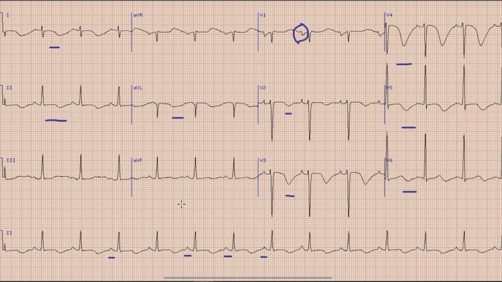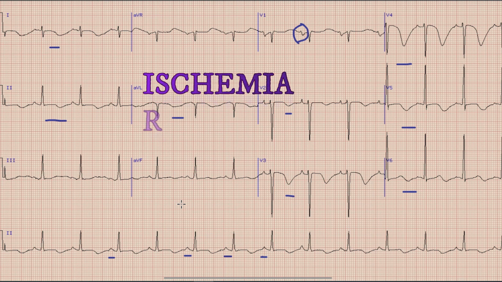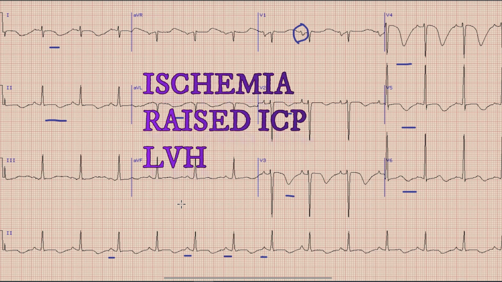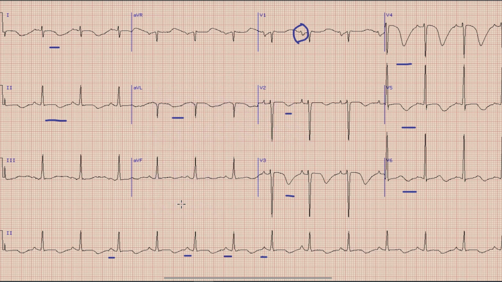Of course, ischemia will be at the top of the differentials, along with raised intracranial pressure or even left ventricular hypertrophy or hypertrophic cardiomyopathy. So the accurate diagnosis will depend upon the clinical presentation of the patient.